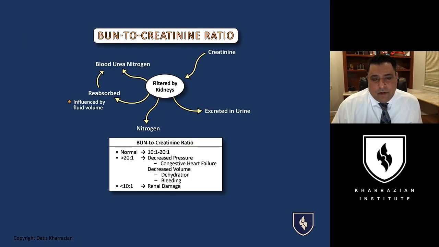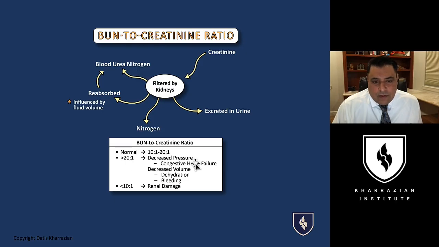Now, the other thing that you want to look at is the BUN creatinine ratio. Creatinine is filtered by the kidneys, and then you have the production of blood urea nitrogen. Nitrogen is produced, and some of these end products are excreted out of the urine. When you look at the BUN to creatinine ratio, normal is 10 to 1 to 20 to 1.